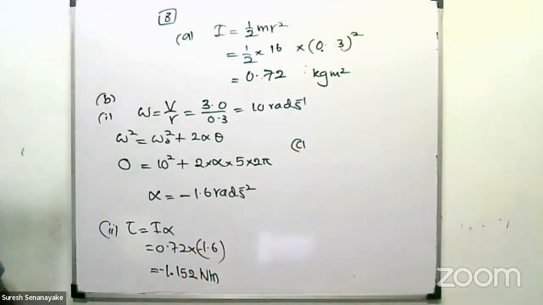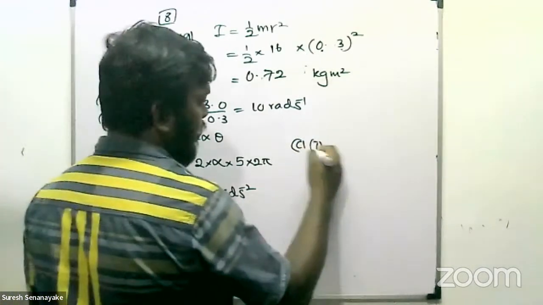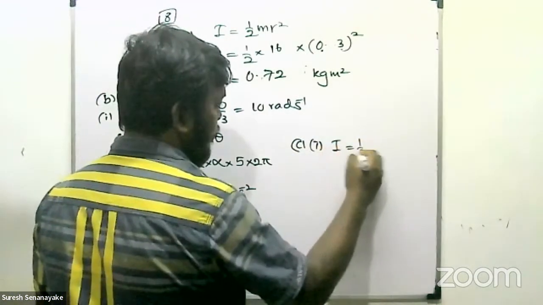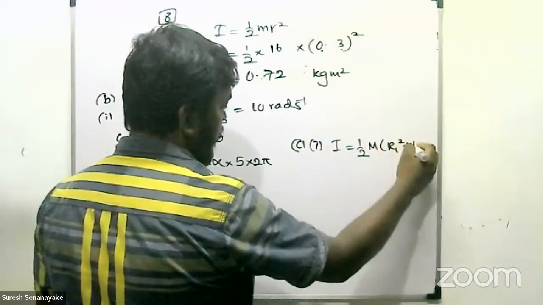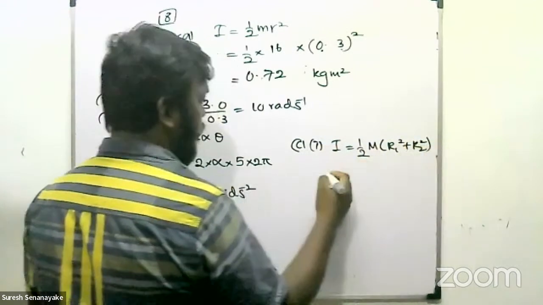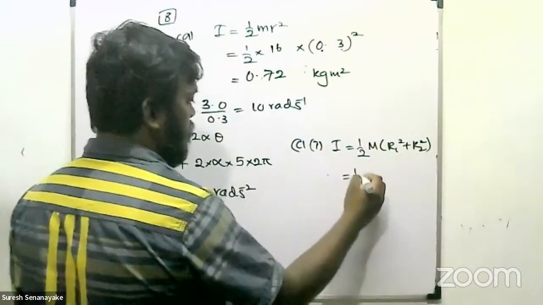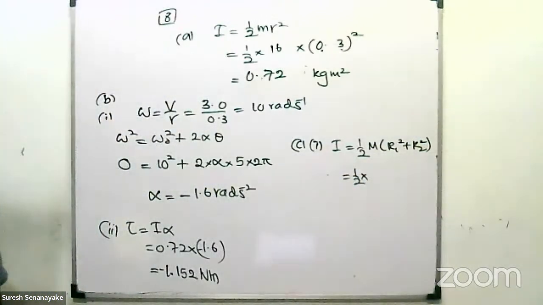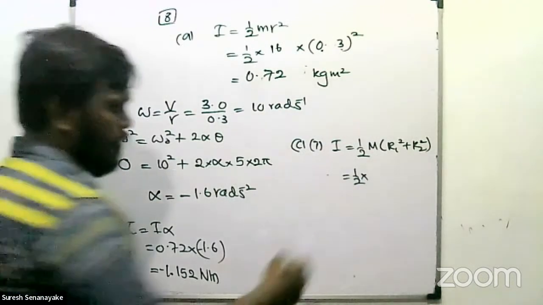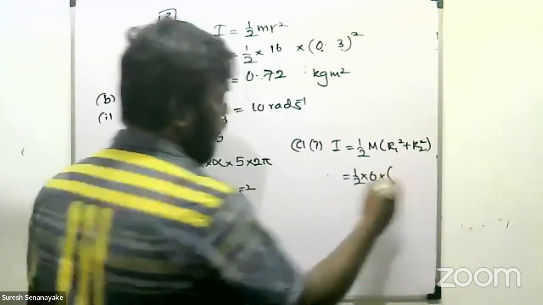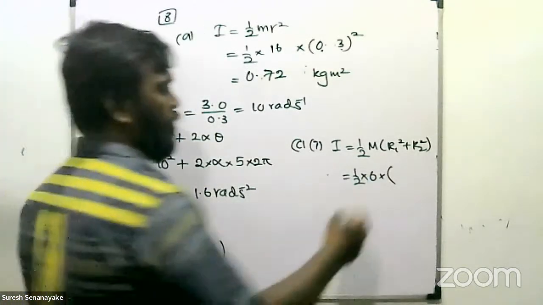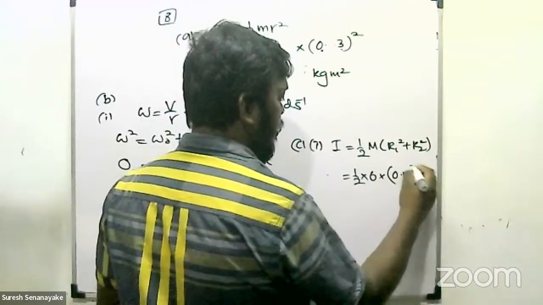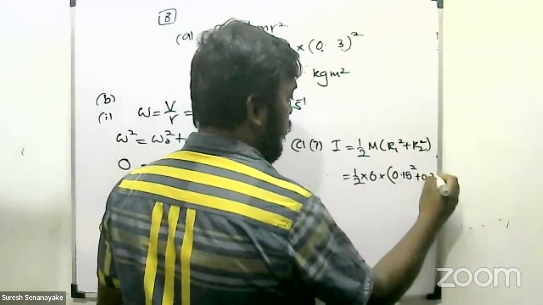I is given by half m times r1 square plus r2 square. Half, the mass of the flywheel is 6 kilograms. R1 and R2 are 0.15 square plus 0.2 square.